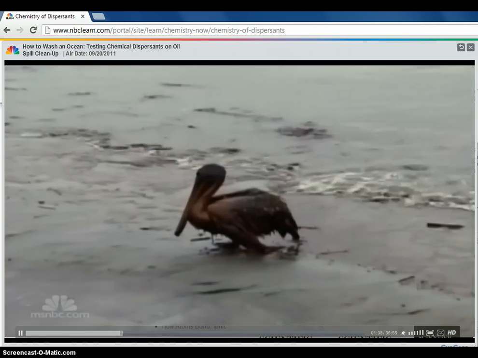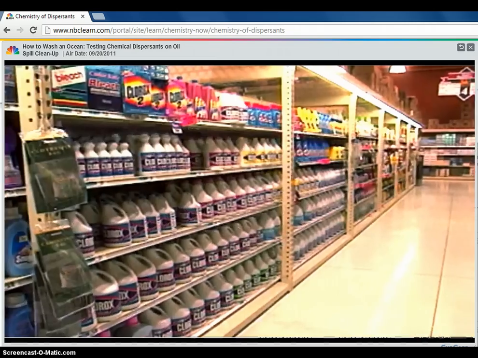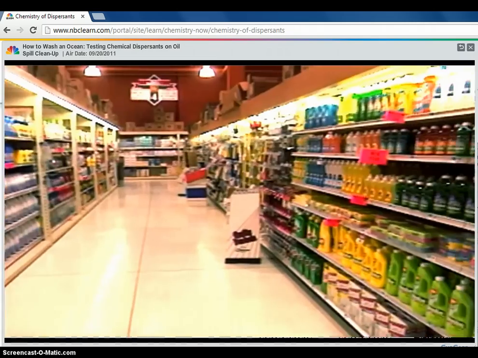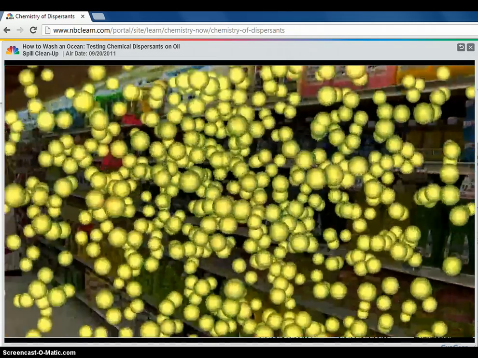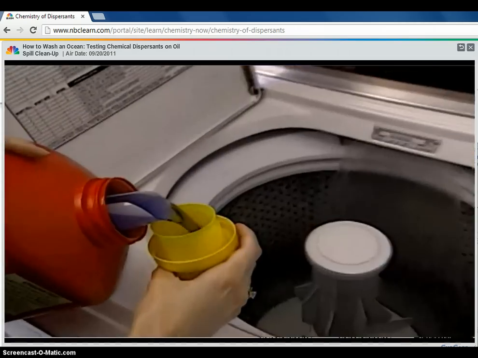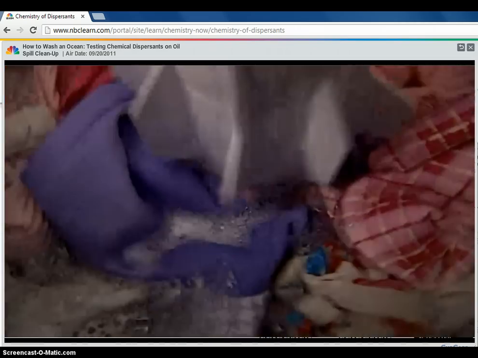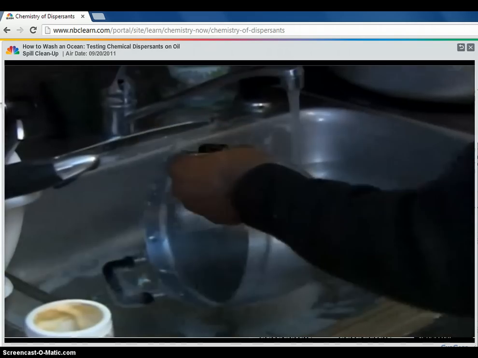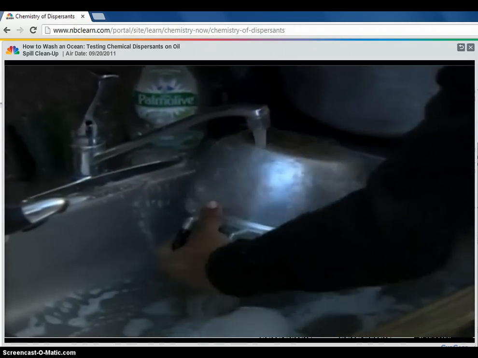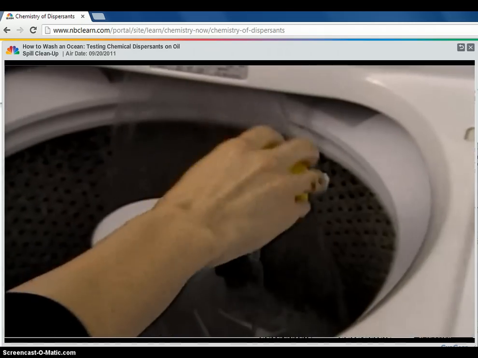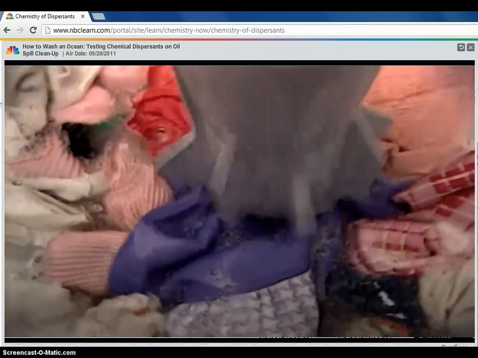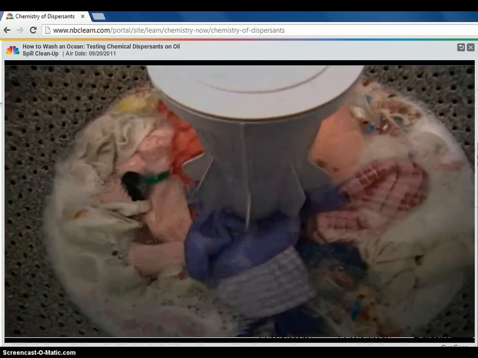MSNBC has a very interesting segment on the oil spill in the Gulf of Mexico, and what they look at is what's called a dispersant, which is basically a detergent. They wanted to follow some scientists who are looking for a special kind of detergent that can be used in the ocean, and they want to figure out a way that they can use one that is safe for the environment and that can be used to clean up the environment.